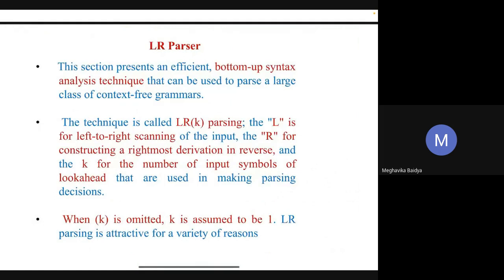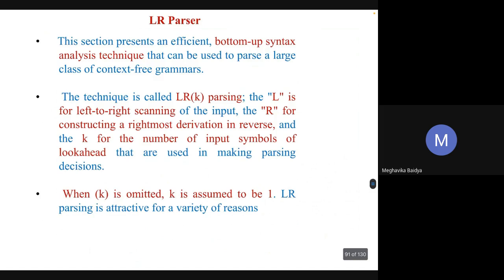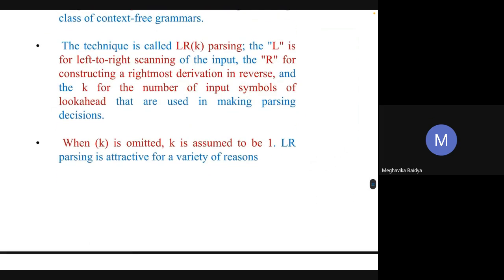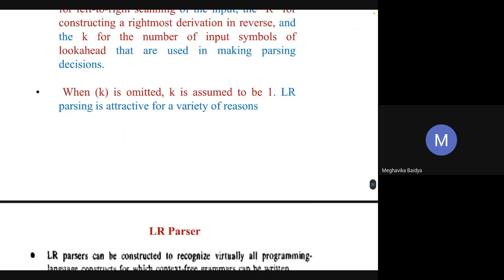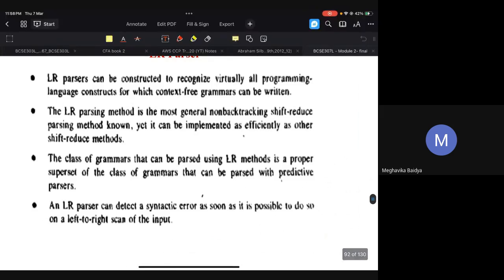LR is basically a bottom up syntax analysis technique, and it's called LR of K. L is for left to right, R is for constructing rightmost derivation in reverse, and K is the number of inputs for the look ahead. And when K is omitted, K is assumed to be 1.